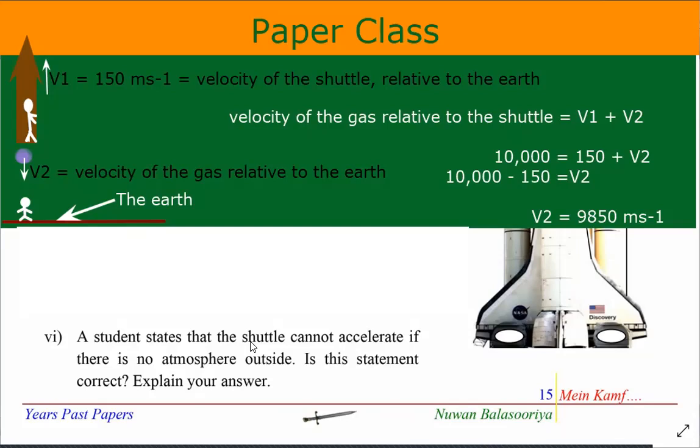Cannot accelerate means there must be a force to accelerate. So without an atmosphere the rocket cannot accelerate, so it cannot come back to the Earth. So it means Neil Armstrong is still on the moon. Am I right? Is he still on the moon? No, sir. Neil Armstrong was the first person who landed on the moon. He returned to the Earth.